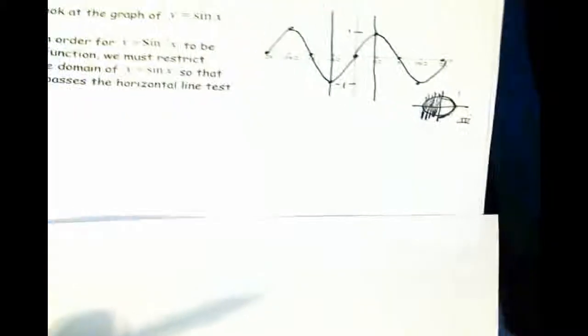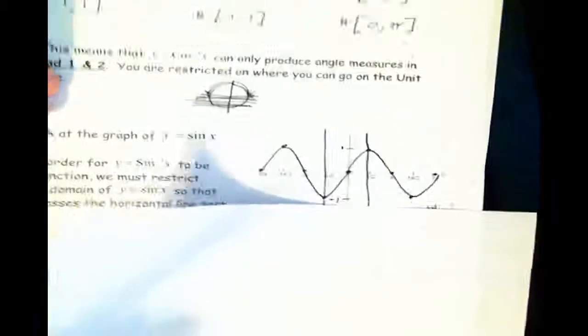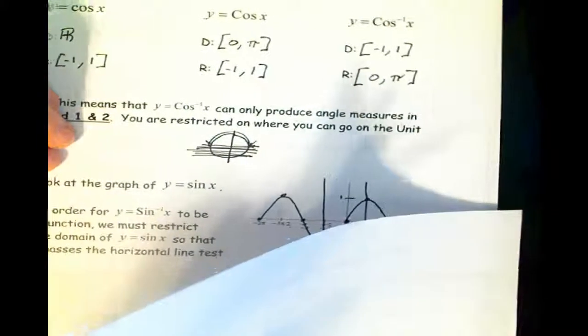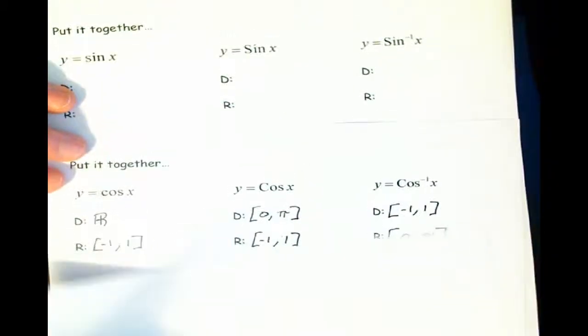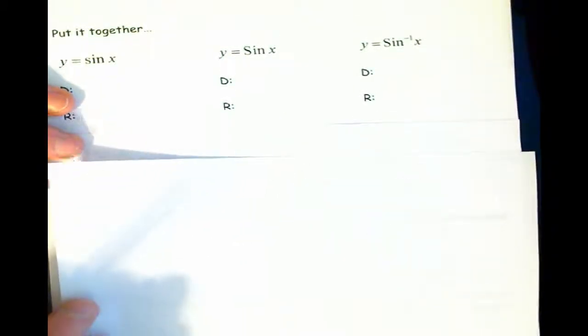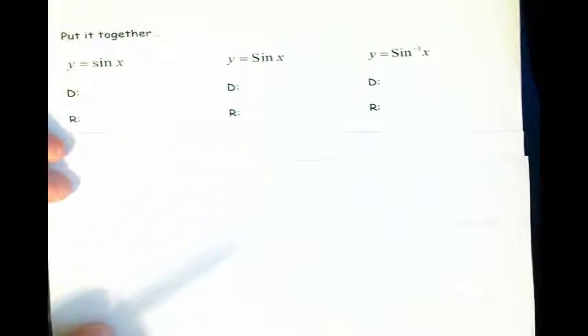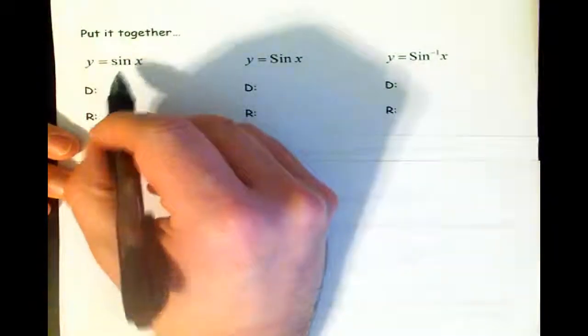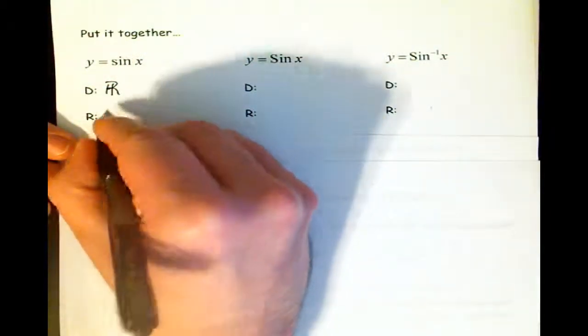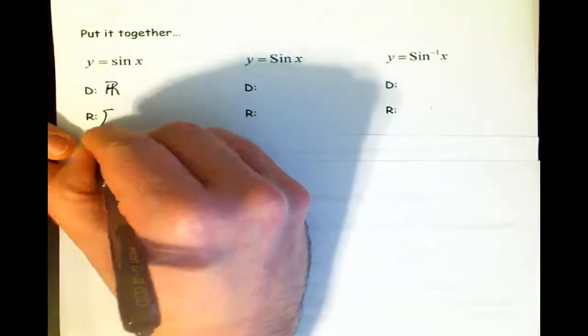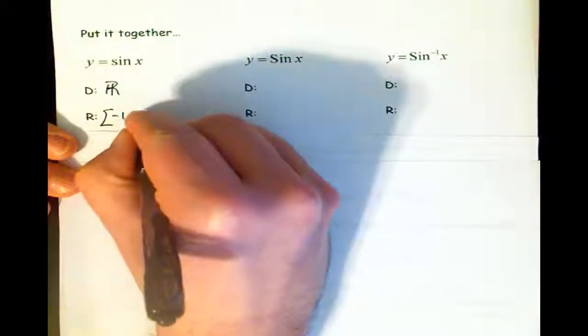So let's go ahead and do that same kind of process. Let's run through these domain and ranges real fast of this, and then we're going to look back at the graph. Okay, domain and range of a regular sine function: the domain is all real numbers, and the range is -1 to 1.